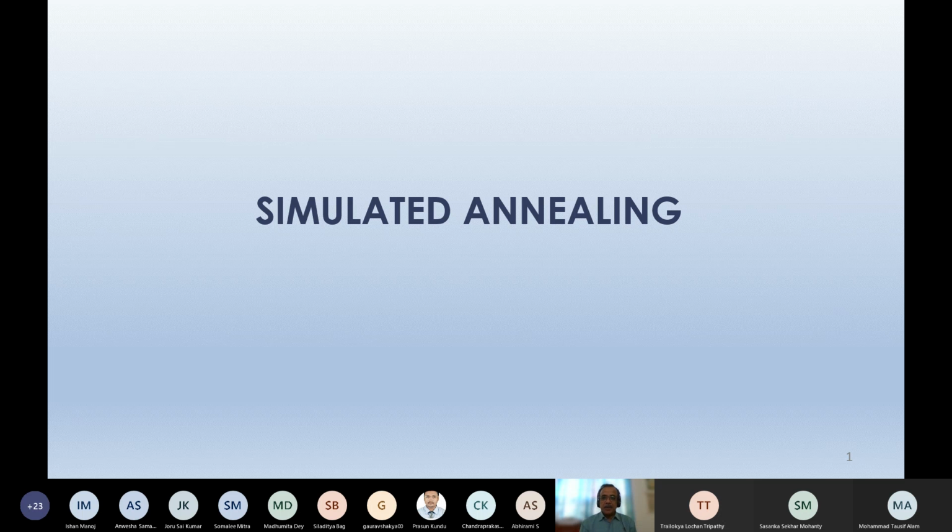Genetic algorithms were introduced in the year 1965, but simulated annealing came in the year 1953. Now let us see the working principle of simulated annealing, and in short, this is known as SA.